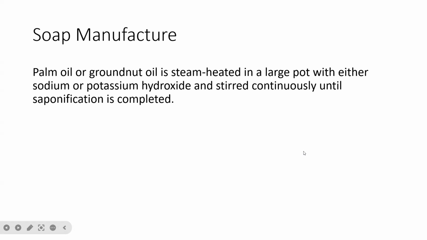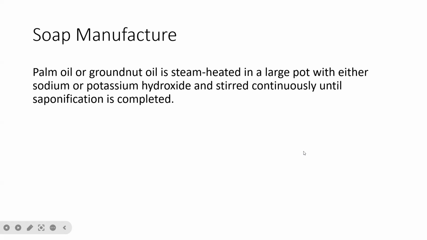This will be stirred continuously until it traces. To trace means it will become like pap, like custard, like you're making custard. And we'll continue stirring. When it traces, we'll say saponification has occurred.